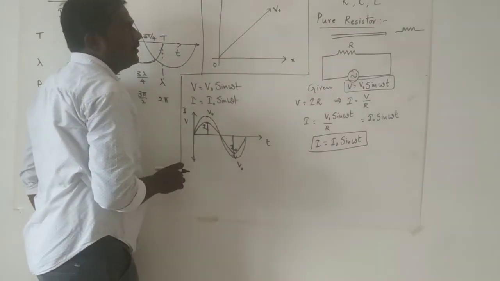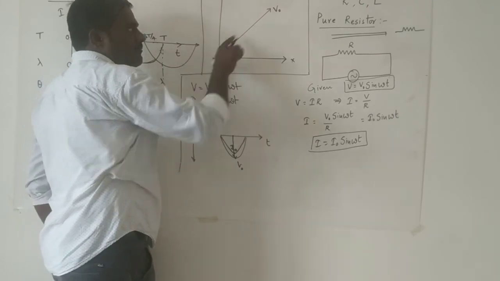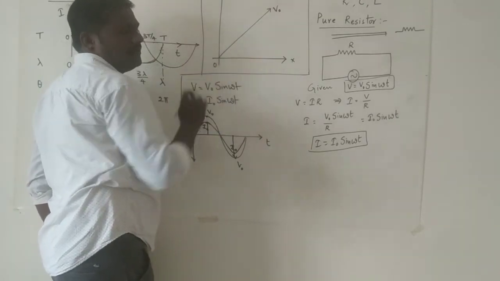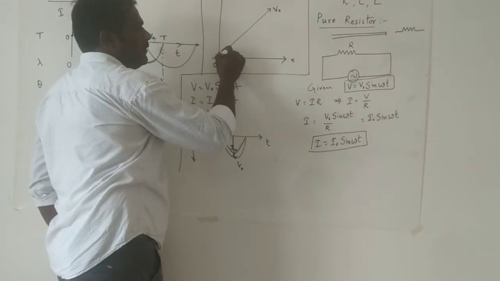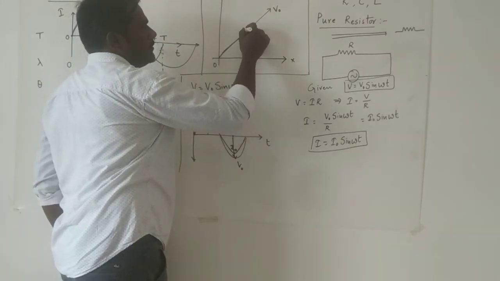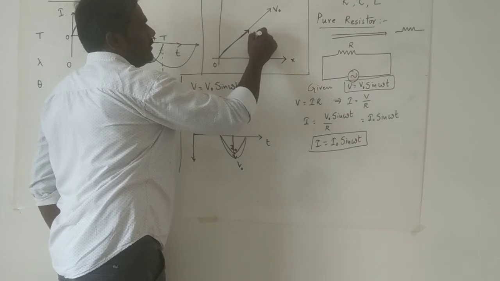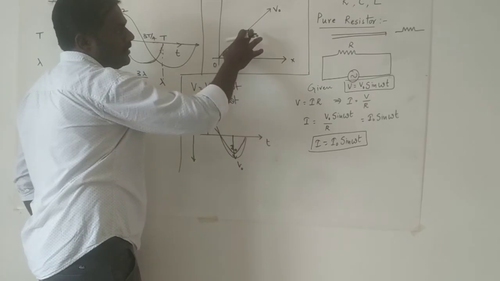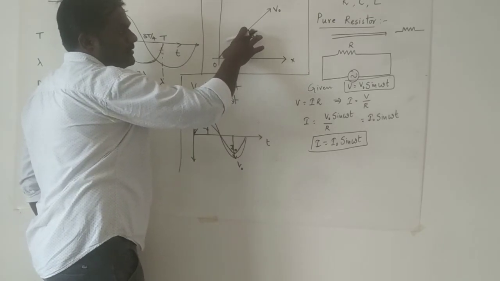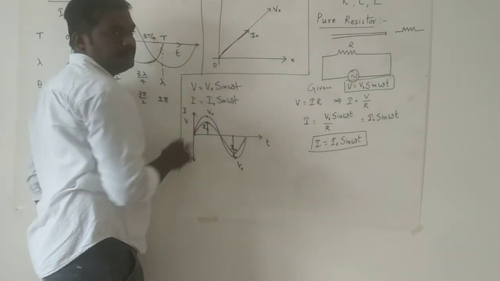Then in the same direction, in the same line, I want to draw I naught. Then I'll mention one more line over the same and I'll draw that as I naught. Here you can observe one thing: the amplitude of I naught is less than the amplitude of V naught.